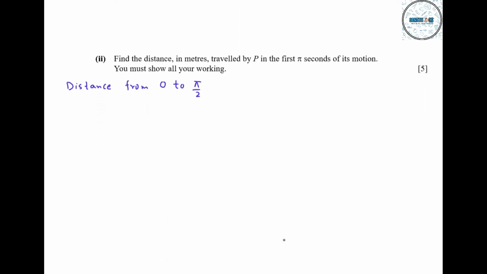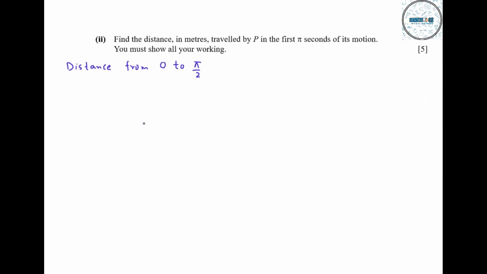So the distance from 0 to pi upon 2 is equal to the integral of sec square t upon 2 minus 1 dt.